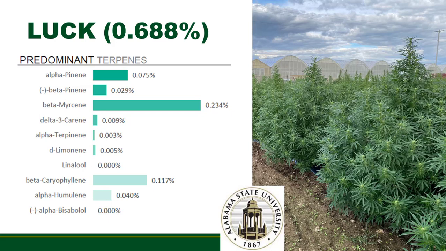The number up here beside the name is the total concentration of terpenes. Yes, the total concentration is lower, but not much lower than something like Bell that I showed you prior. But they will absolutely destroy Bell.